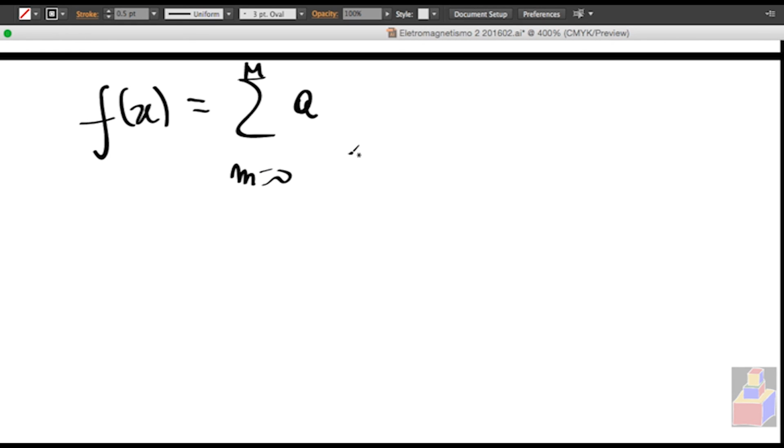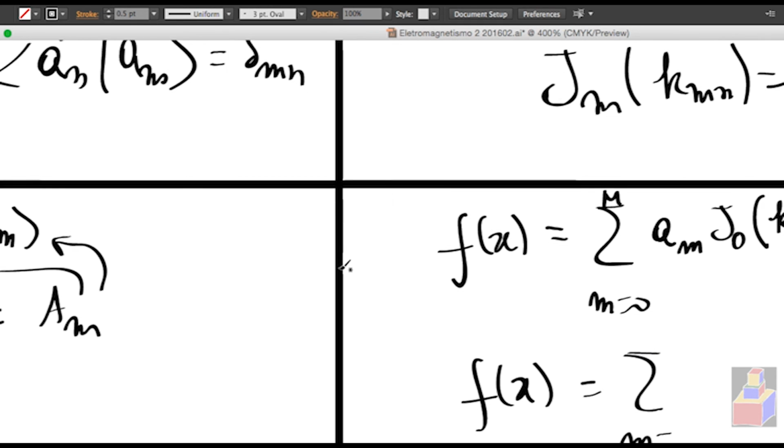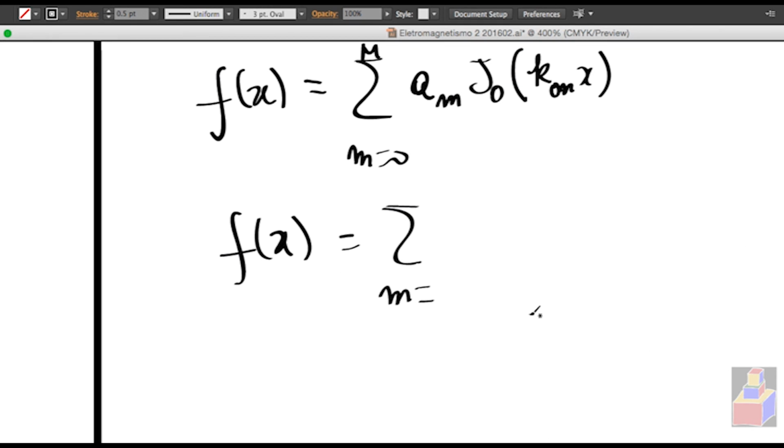So you're going to expand it as a zero order, so we have to find the first n roots of J0. That's one type of expansion. But you can also expand as a function of J1, for instance. So there's going to be a different set of roots.